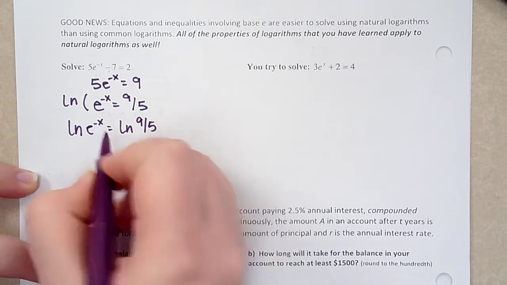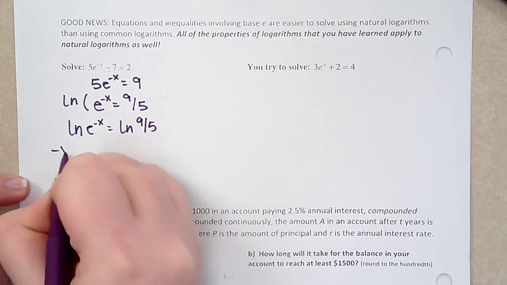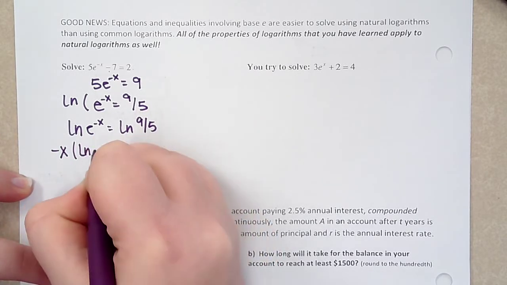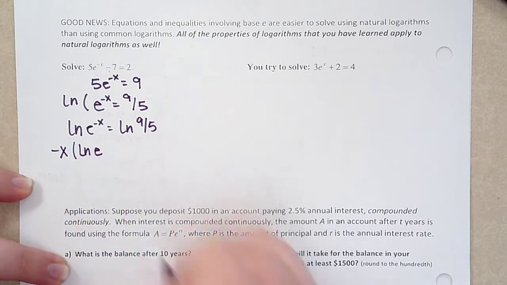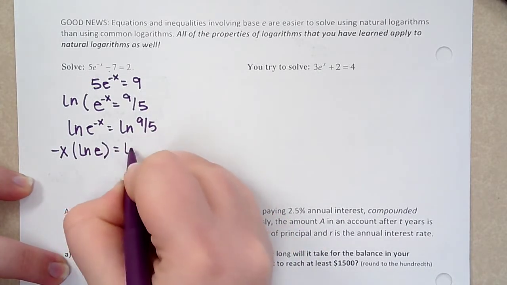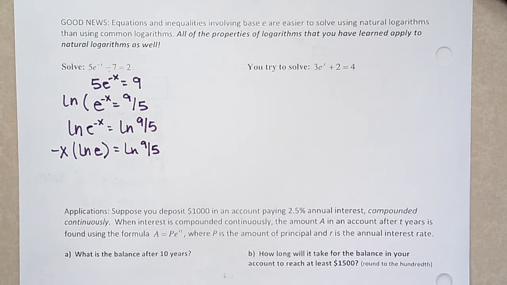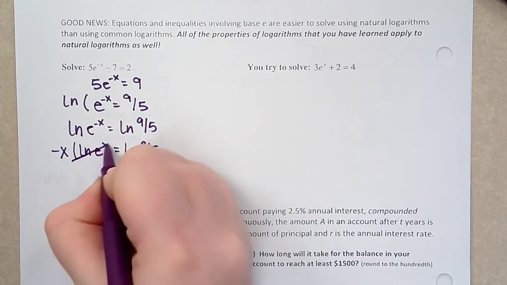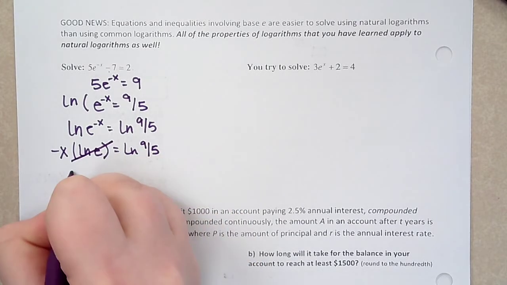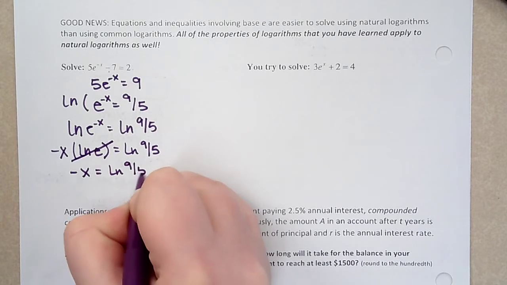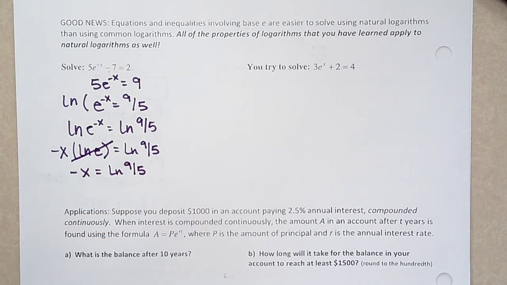Well, technically I have to take this exponent and make it a multiplier. So negative x becomes the number in front, and I have ln of e, still set equal to ln of 9 over 5. And then, of course, this becomes just the 1. So I have negative x equals ln of 9 over 5.